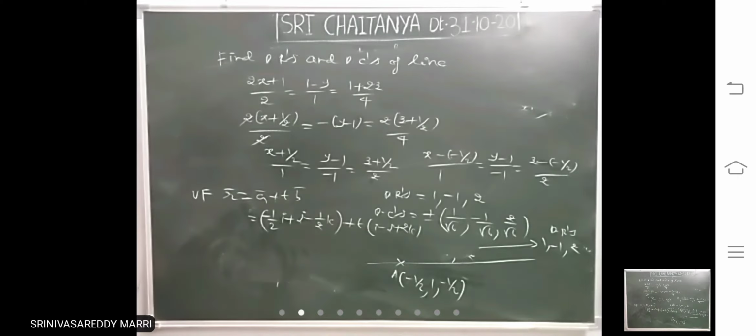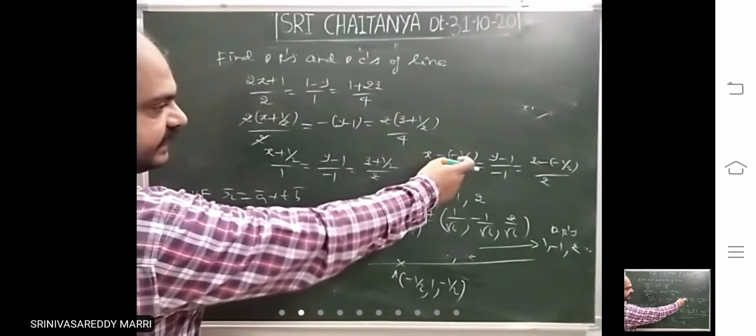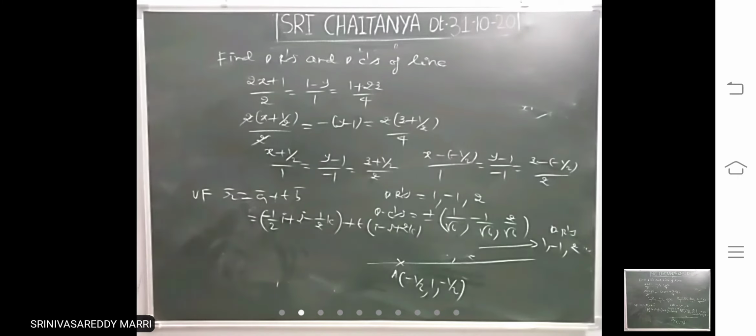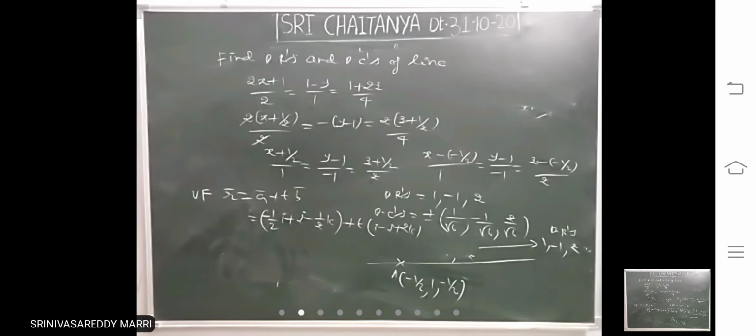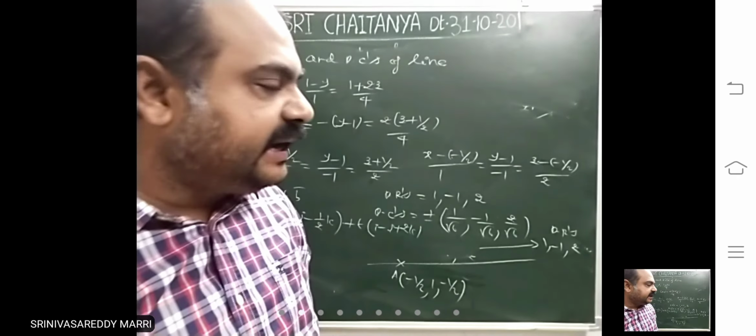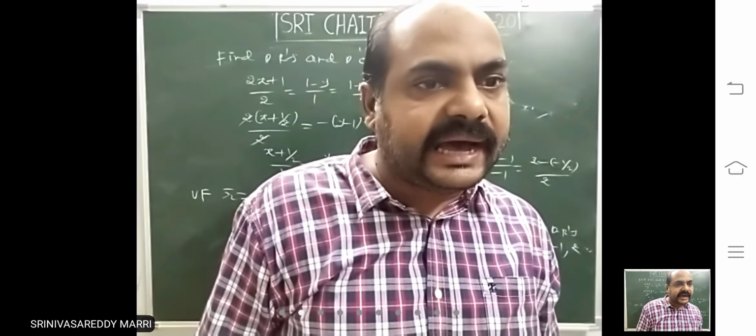This is the line in vector form, and the Cartesian form is given above. Always convert like that, with the x, y, and z coefficients 1. This form is called the point and DRs form.